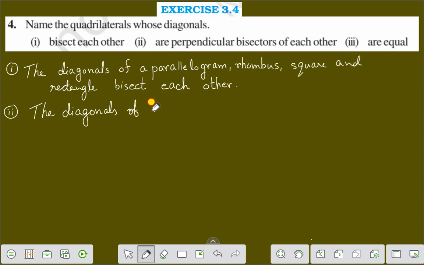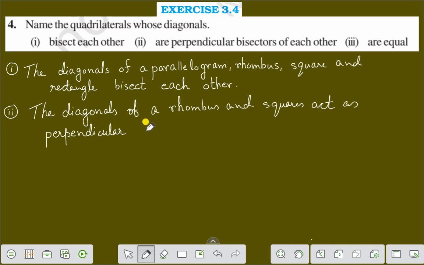The diagonals of a rhombus and square act as perpendicular bisectors of each other.